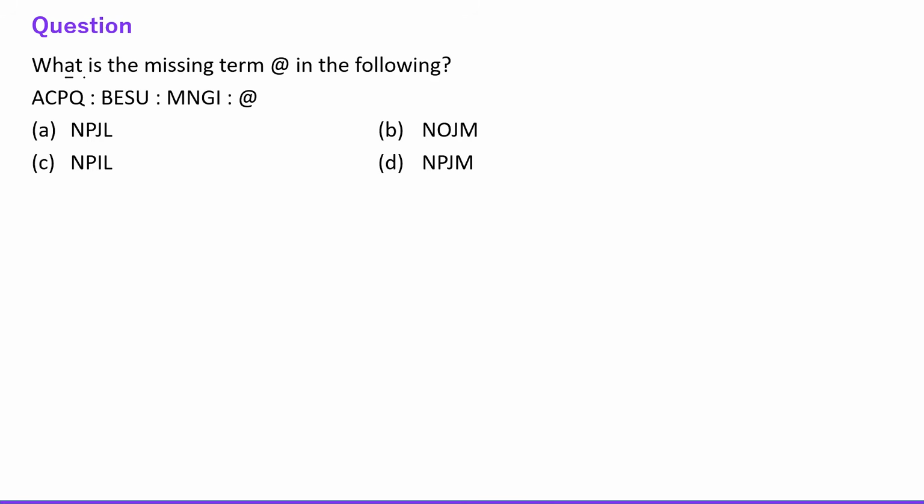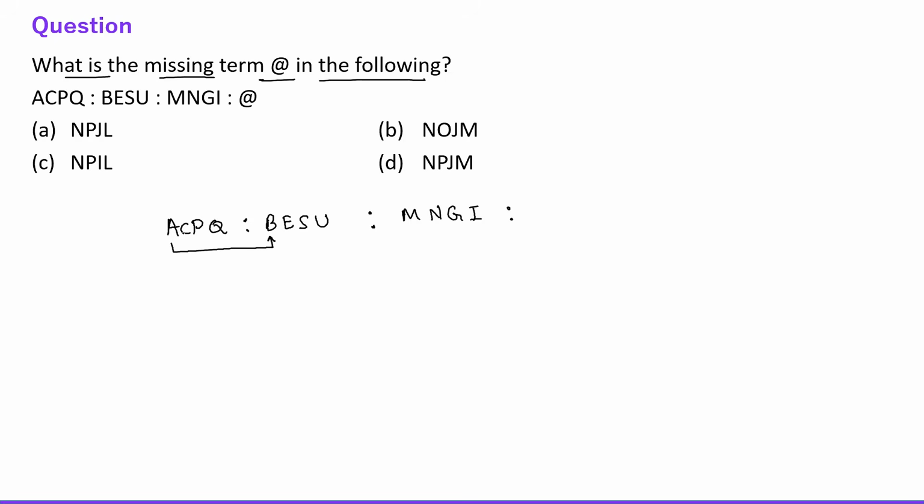Next question says, what is the missing term in the following? This is A, C, P, Q; B, E, S, U; M, N, G, I; and the missing term. So here just check the relation.